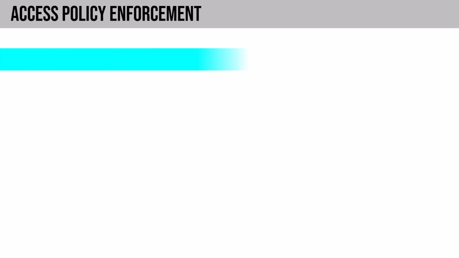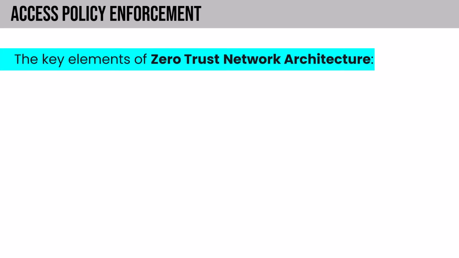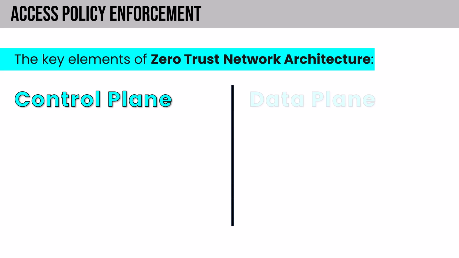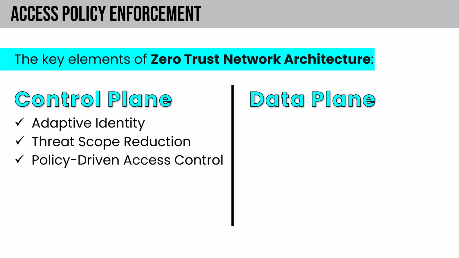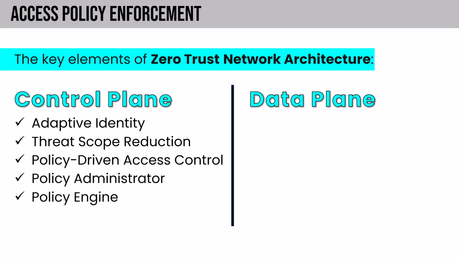The exam syllabus calls out several key elements of zero trust network architecture in the control plane and the data plane. So in the control plane, we have adaptive identity, threat scope reduction, policy-driven access control, policy administrator, and policy engine you'll need to be familiar with. This drives the policy-based decision logic for zero trust.